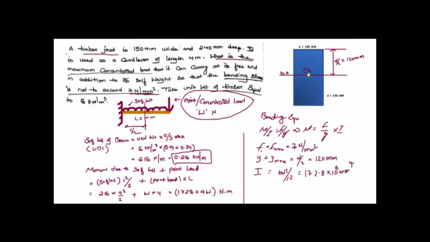On substituting, M is equal to 7 by 120 into 172.8 into 10 to the power of 6. Let the first one be 1 and the second be 2.